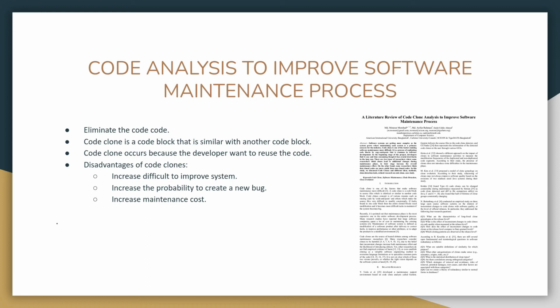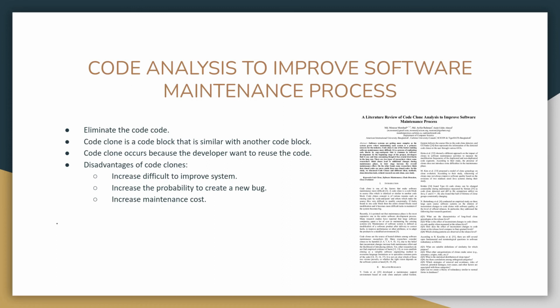Code clones have several drawbacks in the software maintenance process. Firstly, it increases the difficulty of improving the system because it requires additional time to implement the new improvement code without affecting other copied code. Second, it increases the probability of producing a new bug. This is because most code blocks have only one function or purpose.